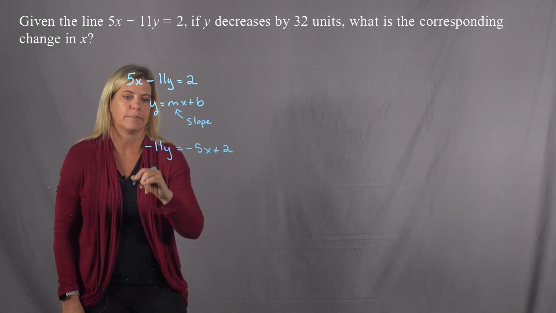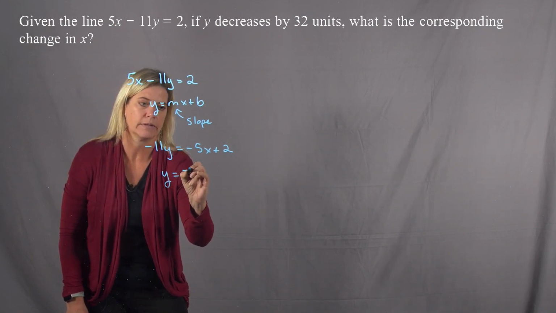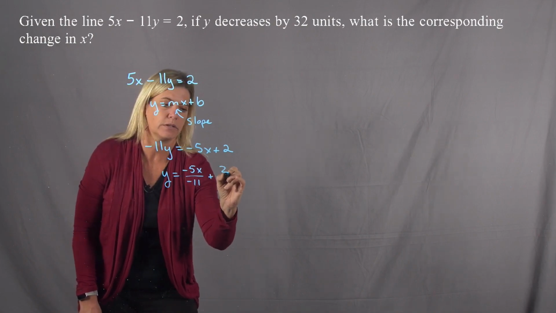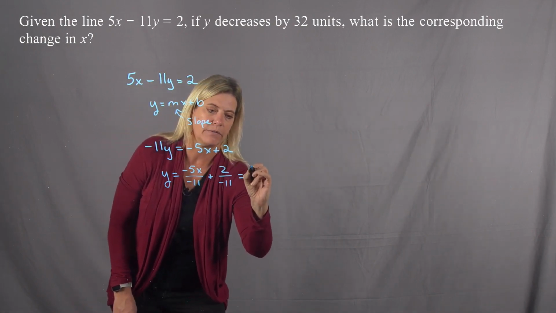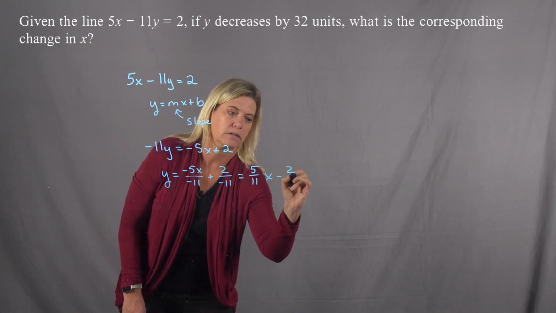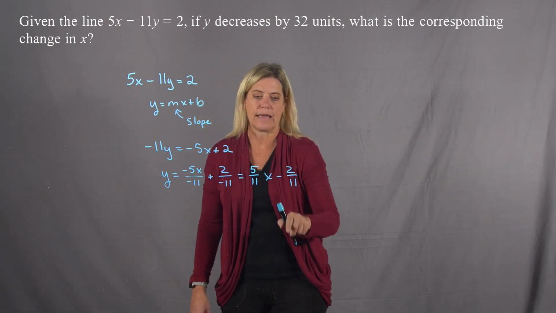And then we divide by the negative 11 to isolate the y. So y is equal to negative 5x over negative 11 plus 2 divided by negative 11. And this cleans up a little bit better if we write it as 5/11 x minus 2/11. So the y-intercept is 2/11, actually negative 2/11.